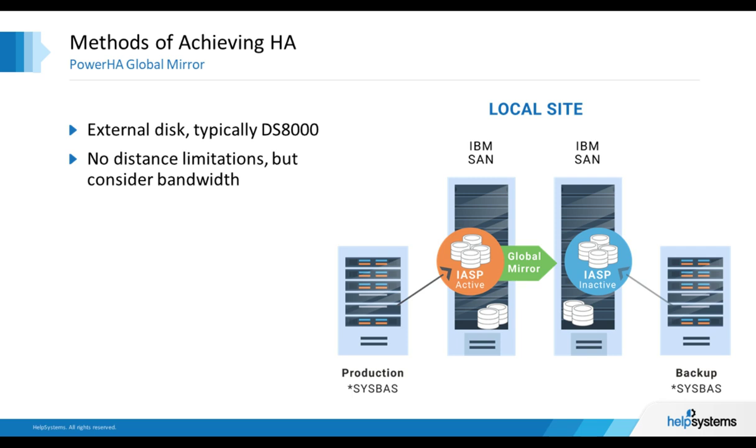But again, there are distance limitations, and you need to consider bandwidth. There is a difference in bandwidth between internal and external disk, so that's something to be aware of as well when you go through the process. Again, that's why it's so important to have an architect design this when you're going forward with it.